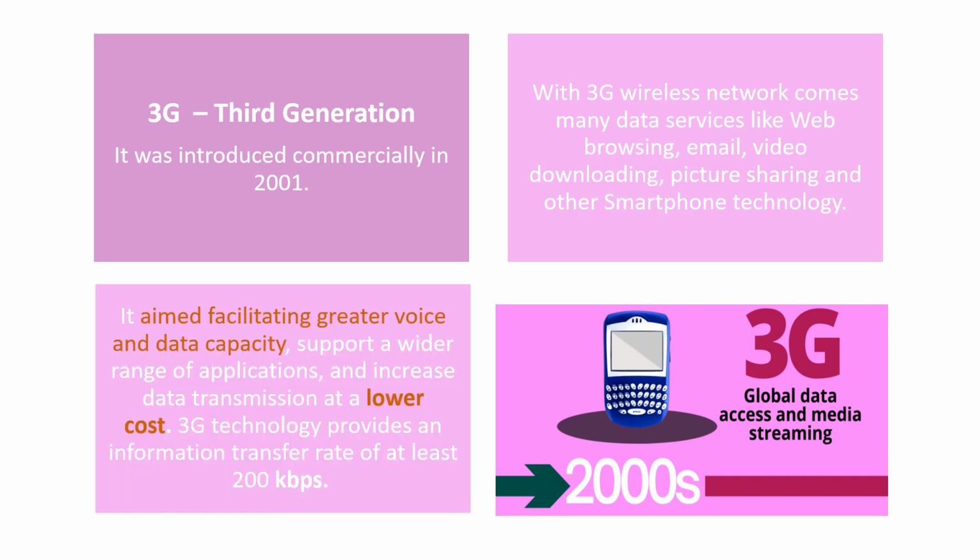This aimed at facilitating greater voice and data capacity, support for a wider range of applications, and an increase in data transmission at a lower cost. 3G provides an information transfer rate of at least 200 kbps.